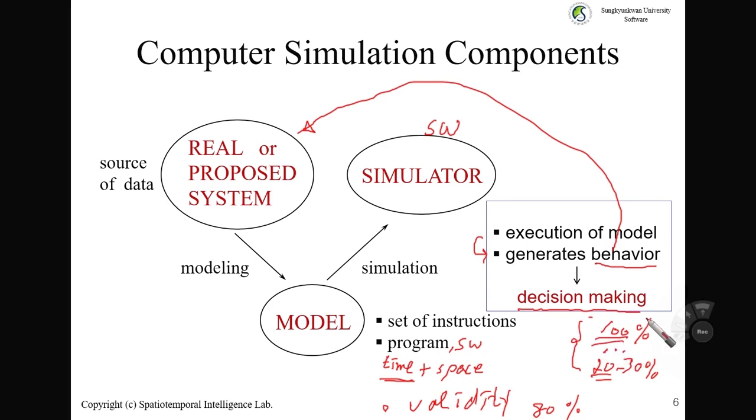Okay, and this is an interesting case. When are we able to rely on the result 100%? This is usually for real-time intelligent control. So the 100% case is usually for real-time control.